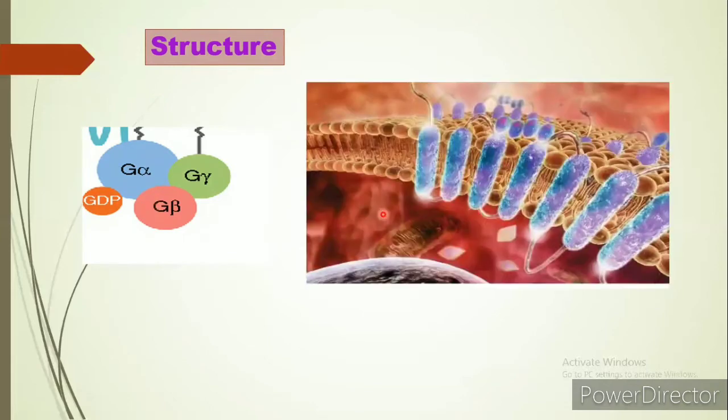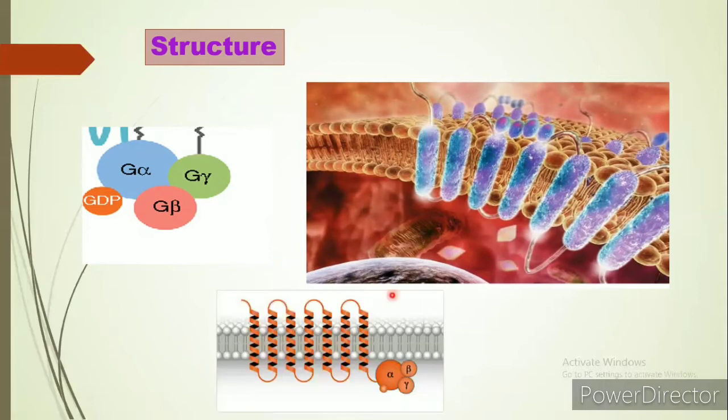Then this one is the G protein coupled receptor. This is a transmembrane receptor that passes through the cell membrane seven times. How many times? Seven times. The amino group is present on the extracellular side and the carboxyl group is present on the intracellular side, in the cytosol.